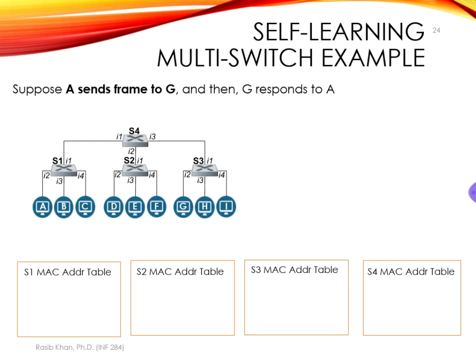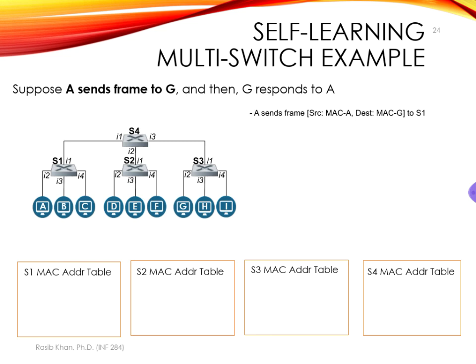We will look at a multi-switch example where, with this current network setup, host A sends a frame to host G, and later G responds to it. We will take it phase by phase. The first phase is where A sends it out to G. First, A sends a frame where the source is MAC A and the destination is MAC G, and it is received by switch S1.